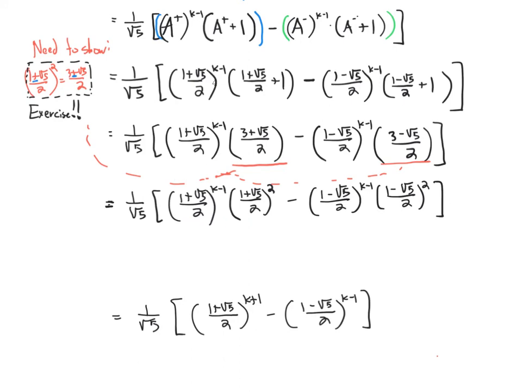We can use our rules for multiplication with powers, so we just add our powers, and we get 1 over root 5 times a plus to the k plus 1 minus a minus to the k plus 1. Sorry, I wrote a minus before, but that should be a k plus 1.